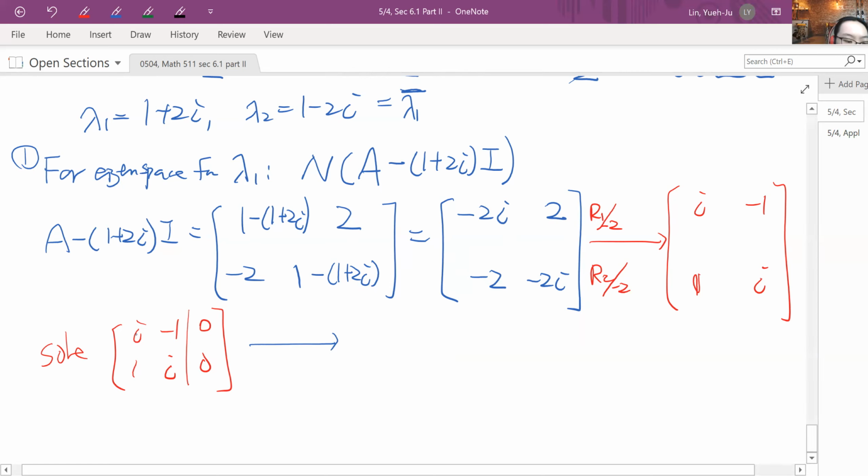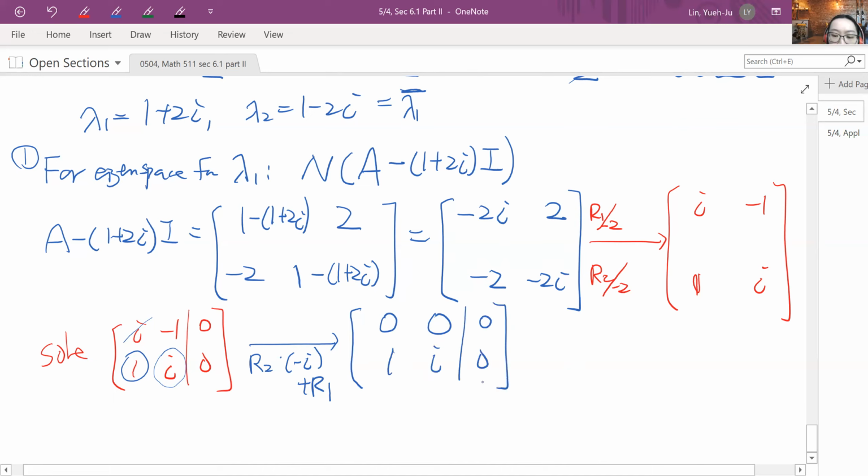You can observe that if you take row 2, because there's a 1 here, multiply by minus i and add it to row 1, you can cancel out this i here. And if you take i times minus i, this is going to be 1. So it turns out that these two rows are a complex multiple of each other. So you could do a reduction using complex numbers.